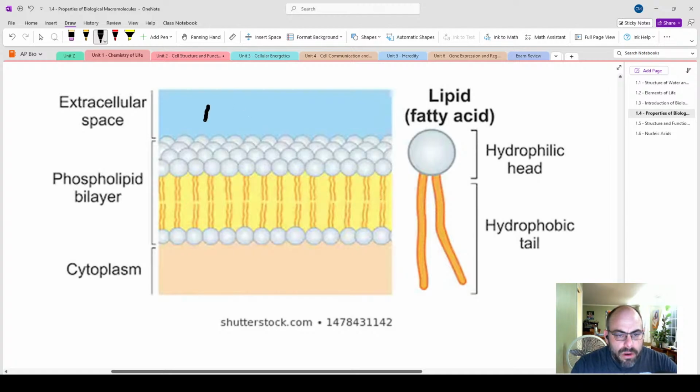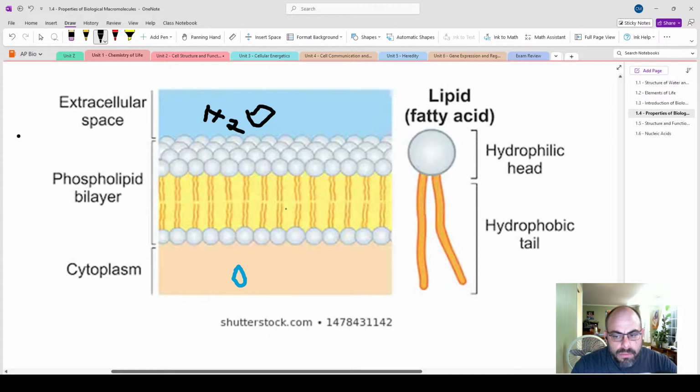Whereas you have water out here, right? That's H2O. And we're going to pretend that I wrote H2O down here at the bottom as well. There's water down there also. And the polar portions of the phospholipid love the water, right?